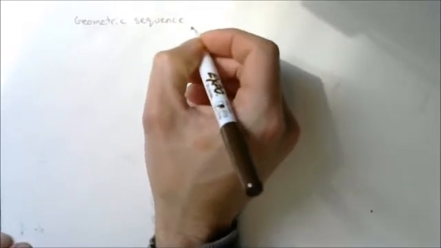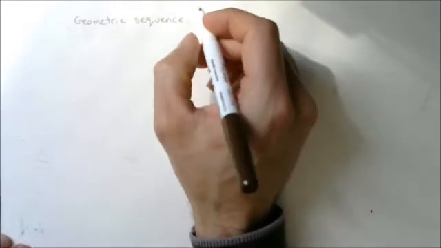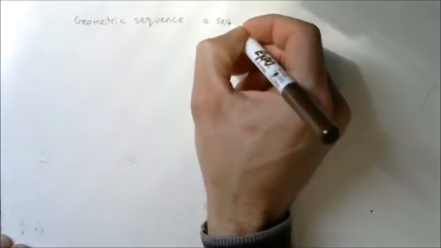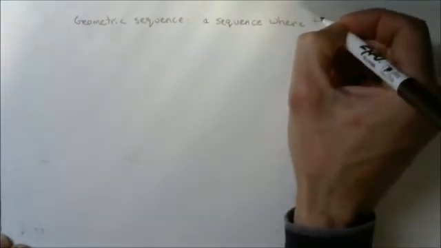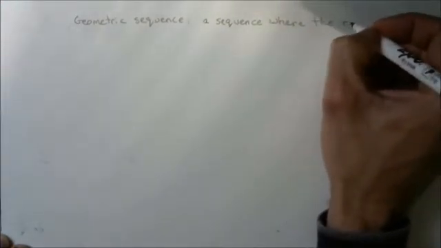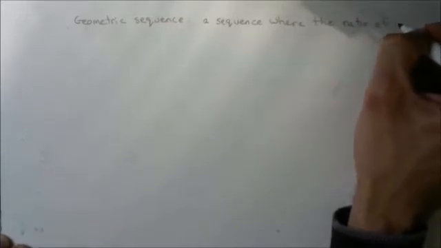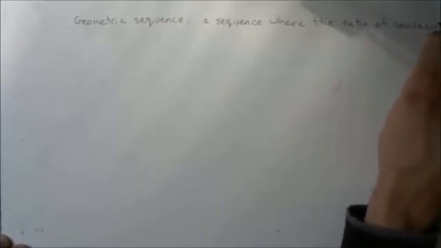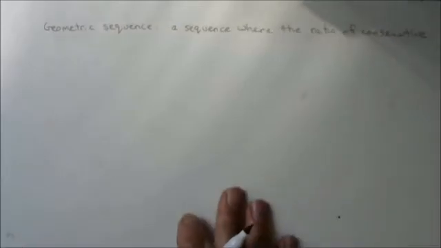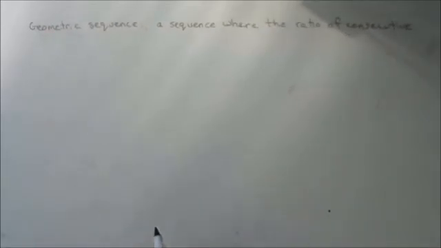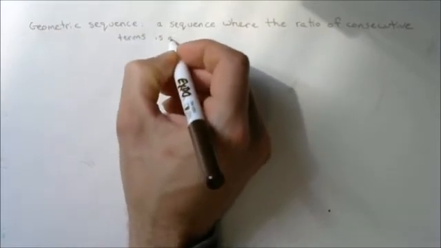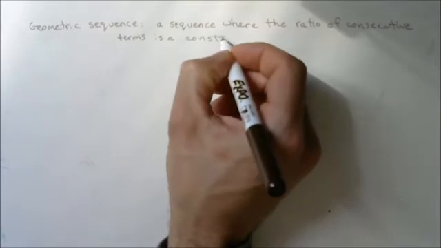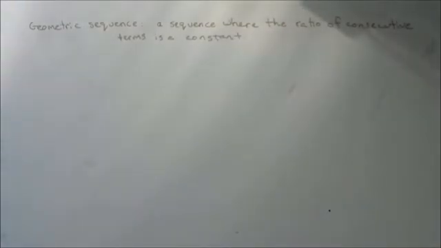A geometric sequence is a sequence where the ratio of consecutive terms is a constant. That means that to get from term to term, you are multiplying by a constant, okay?